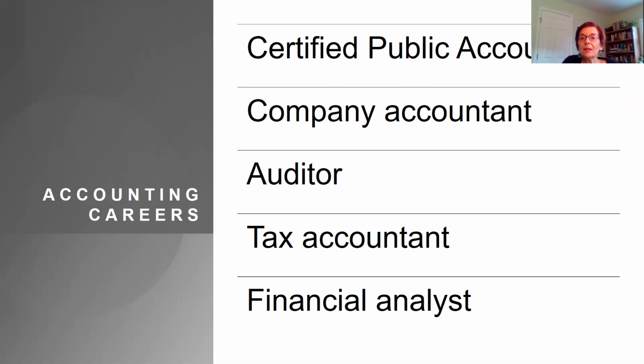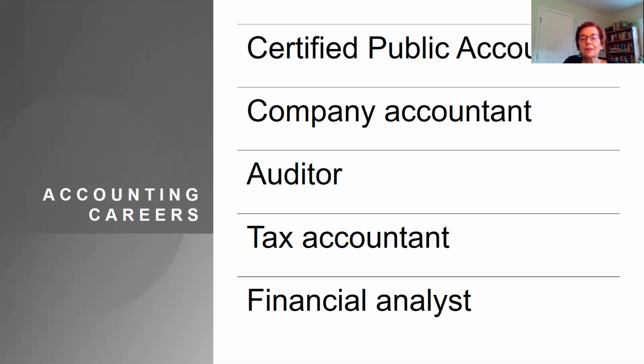A tax accountant, a lot of times people think, well, if you're an accountant, you do taxes, but not everybody does, because you might have one of those other jobs and you might have very little to do with taxes. A tax accountant might work within a company, or within a public accounting firm, dealing just with taxes. You can have your own small accounting firm and do taxes for small businesses and for individuals.